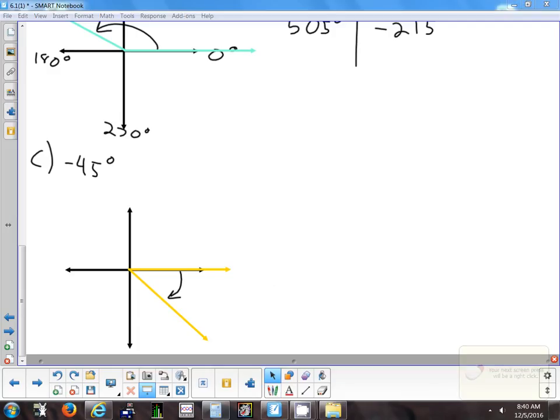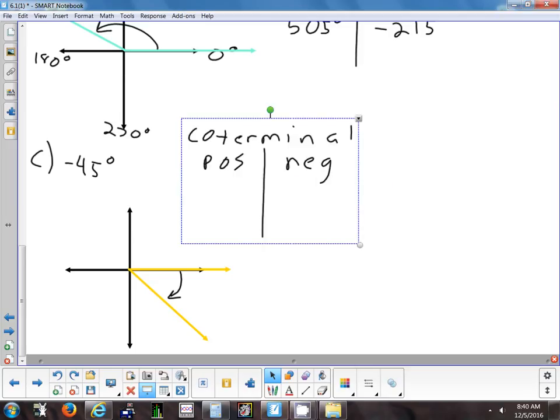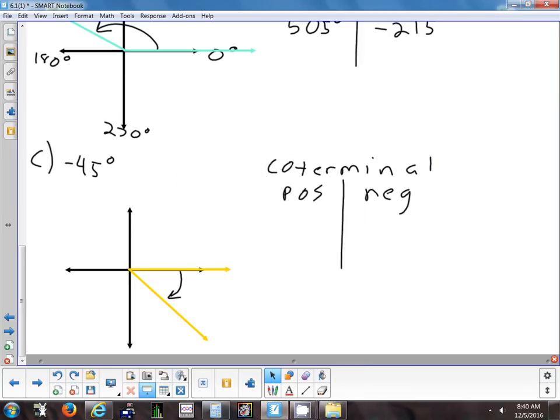Molly, can you give me an angle that is coterminal and positive? Careful, that would be if you had positive 45. So, 315.